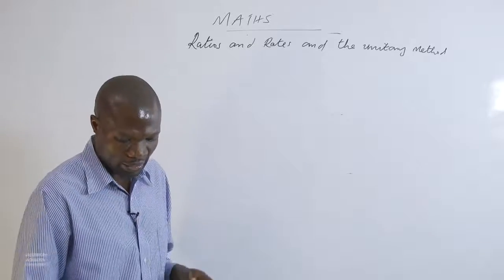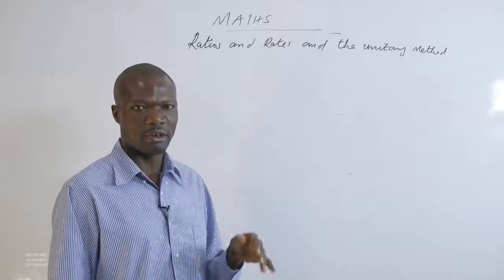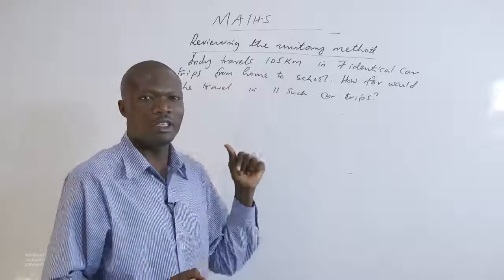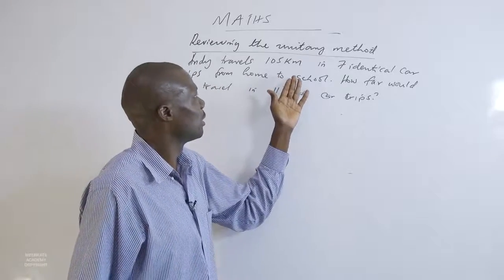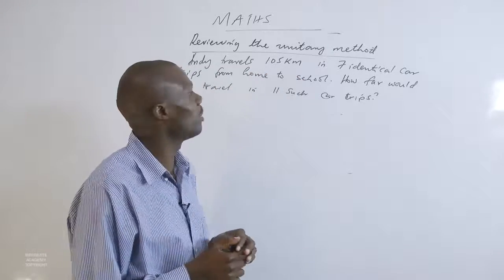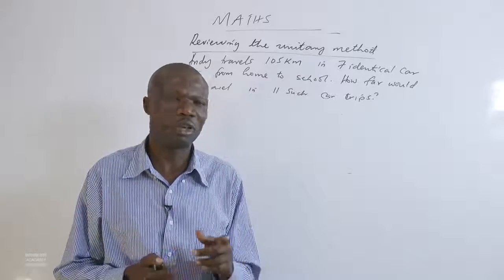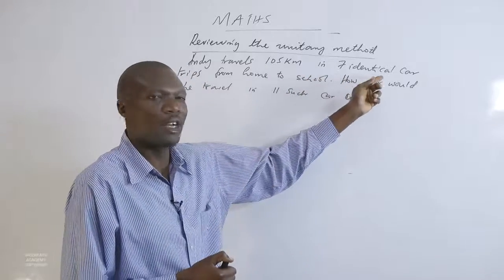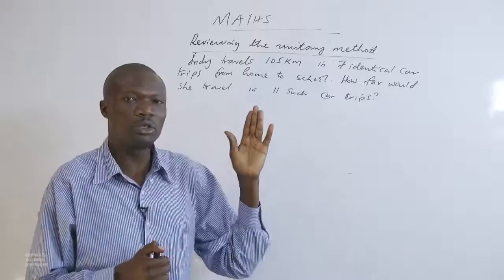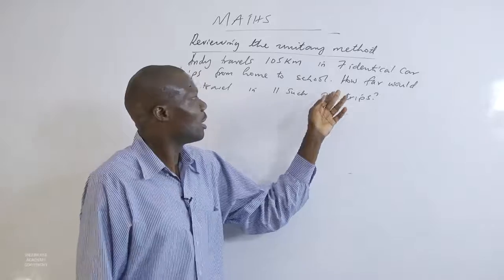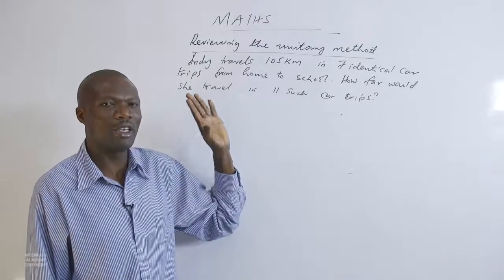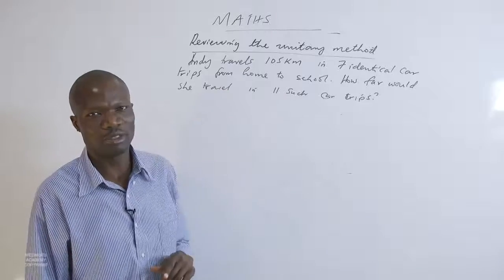Now, let us look at the following. Andy travels a total of 105 kilometers in 7 identical car trips from home to school. How far would she travel in 11 such car trips?